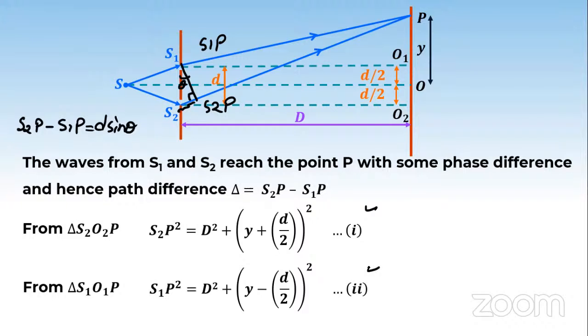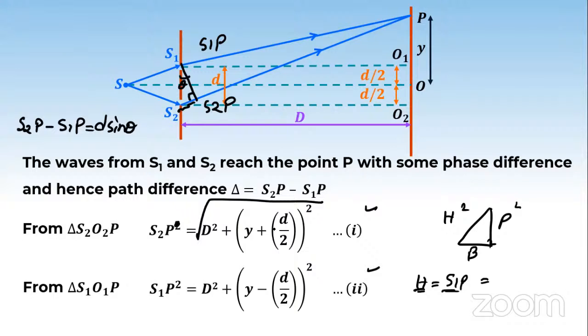You will do some plus minus mathematics and use the theorem that hypotenuse squared equals perpendicular squared plus base squared. Through this you'll find the hypotenuse, which will be either S1P or S2P. I'm just giving you an overview of the mathematics. If you put a root here, this will look like this.